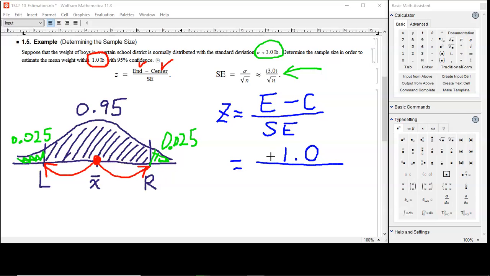Whether I put positive here, negative here, it doesn't matter too much actually. And the standard error here is 3.0 over square root of n. And that is associated to the z-score for a 95% confidence interval. Do you recall what that is? It's 1.96.